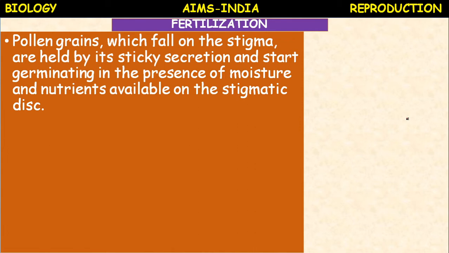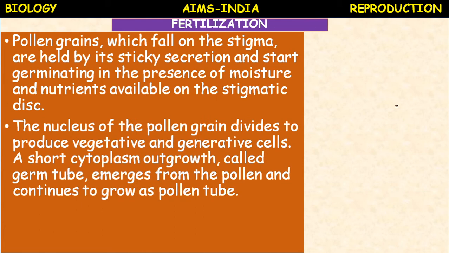The pollen grains which fall on the stigma are held by its sticky secretion and start germinating in the presence of moisture and the nutrients available on the stigmatic disc. The nucleus of the pollen grain divides to produce vegetative and generative cells.